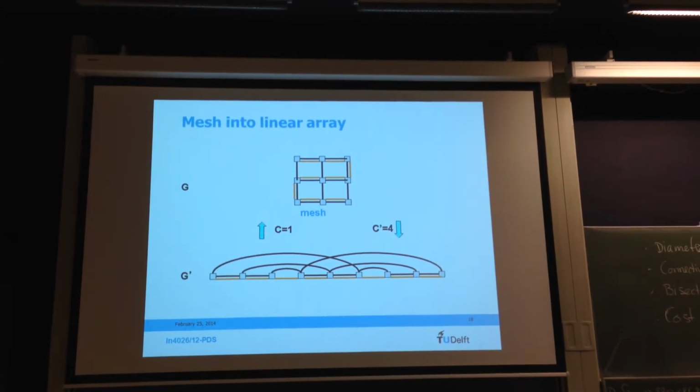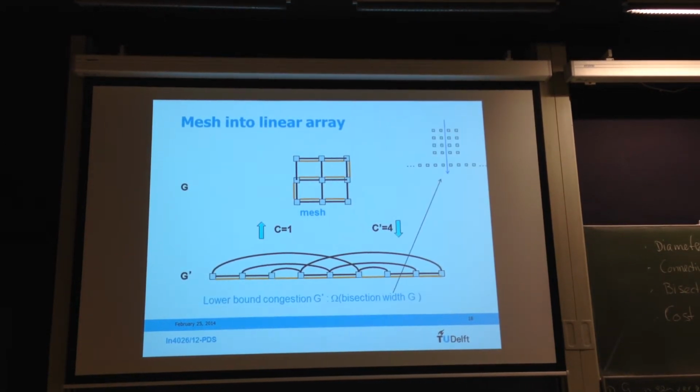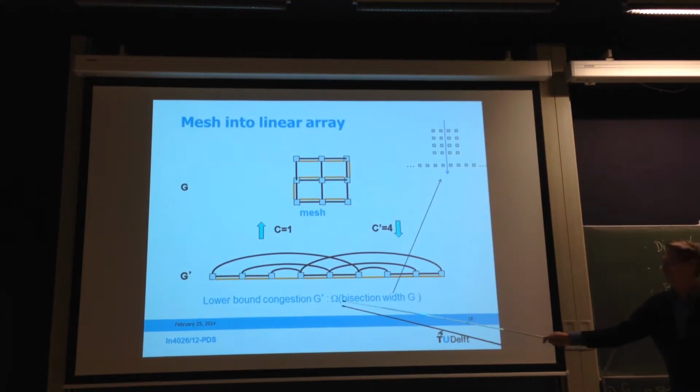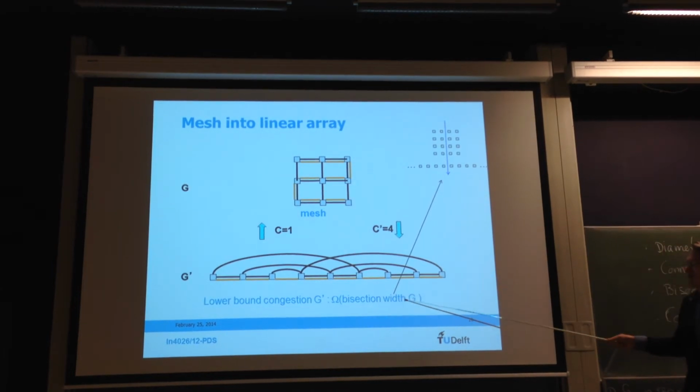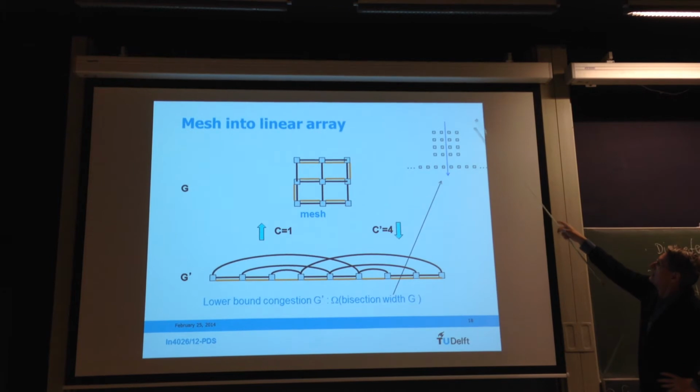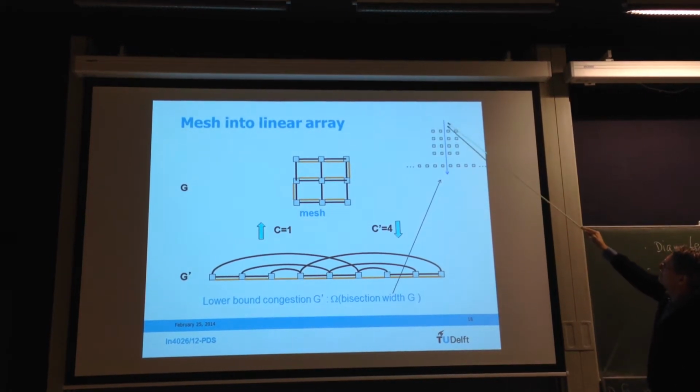Well, how bad can it be? We can derive a lower bound on this structure. The lower bound on the congestion, G prime, is the bisection width of G. You can see it here that in the best case, what I have is that I only have to map the links which I cut here to a link here, basically.